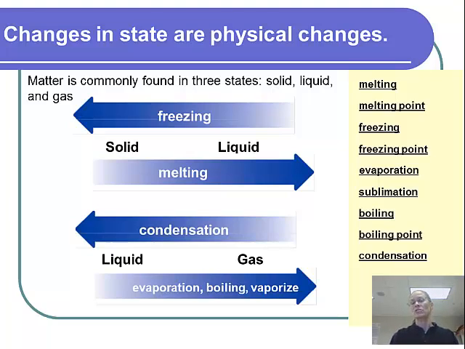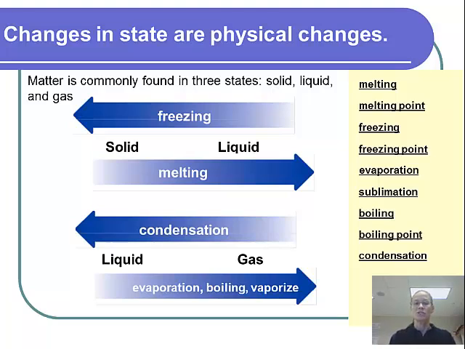It's going to be important to understand the direction of the energy through these systems. So freezing, going from liquid to solid, energy is leaving the system, and so that is an exothermic change because energy is being released. Going from a solid to a liquid, energy is going into that system, so that's an endothermic change.